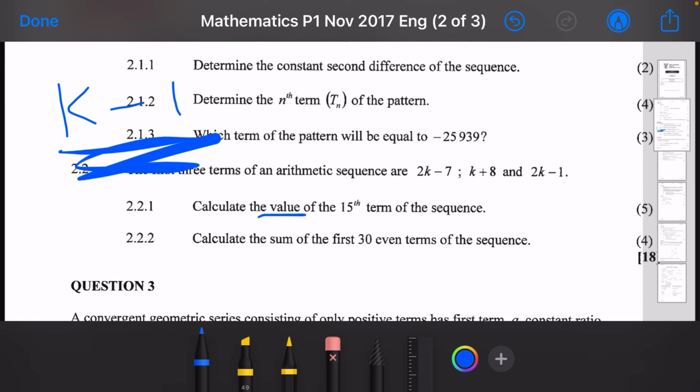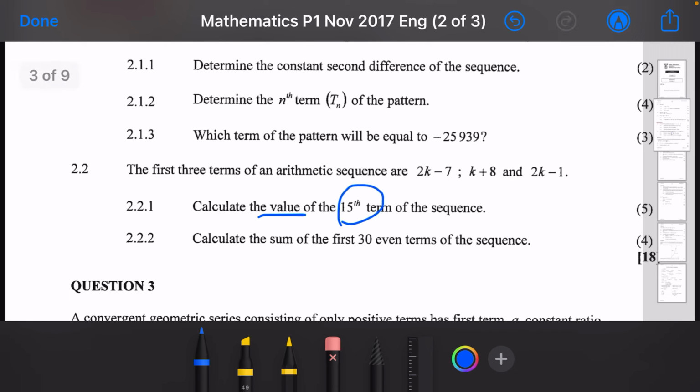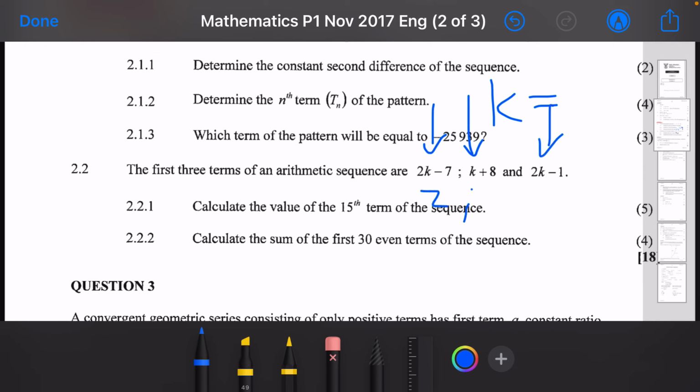Why? Because when we're dealing with an arithmetic sequence, we've got the common difference. The common difference means if there you've got 2, also there you must have 2. That's why we can equate these two, because we already know it's the same. The reason for equating is so that we are able to calculate the value of x. When you say that minus that, it has to equal that minus that.